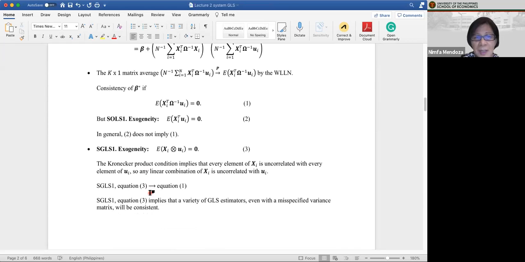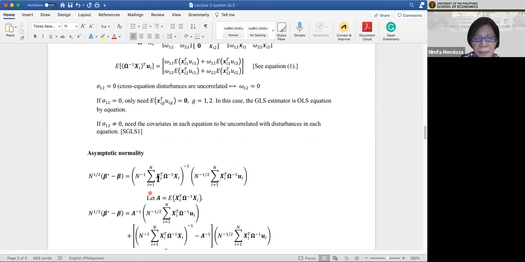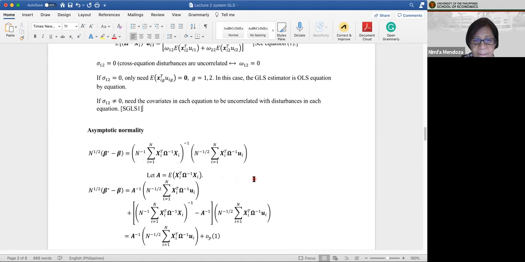Then you write out the star variables in terms of x of i and omega. So you would get this expression. Let A be the expected value of x of i transpose omega inverse x of i.